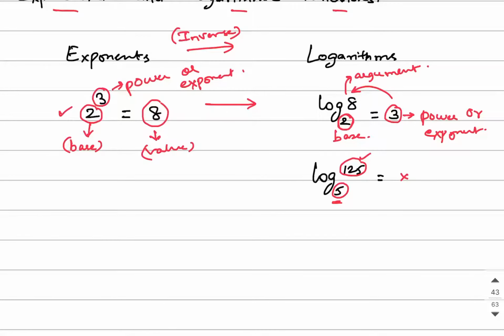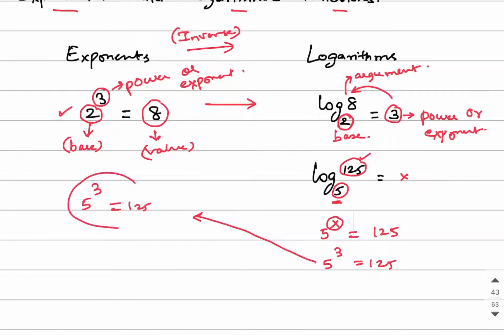Let's say 5 should be raised to the power x so that you get 125. So in the reverse order, 5 power x is equal to 125. We know that 5 raised to the power of 3 is 125. So 5 power 3 is equal to 125 is called the exponential form of the given logarithmic form.